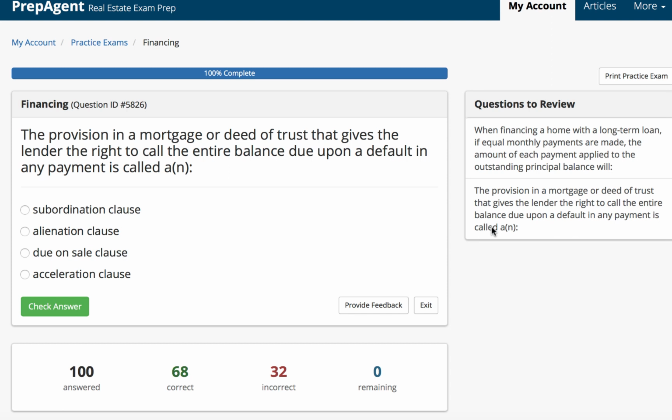The provision in a mortgage or deed of trust that gives the lender the right to call the entire balance due upon default is acceleration clause.